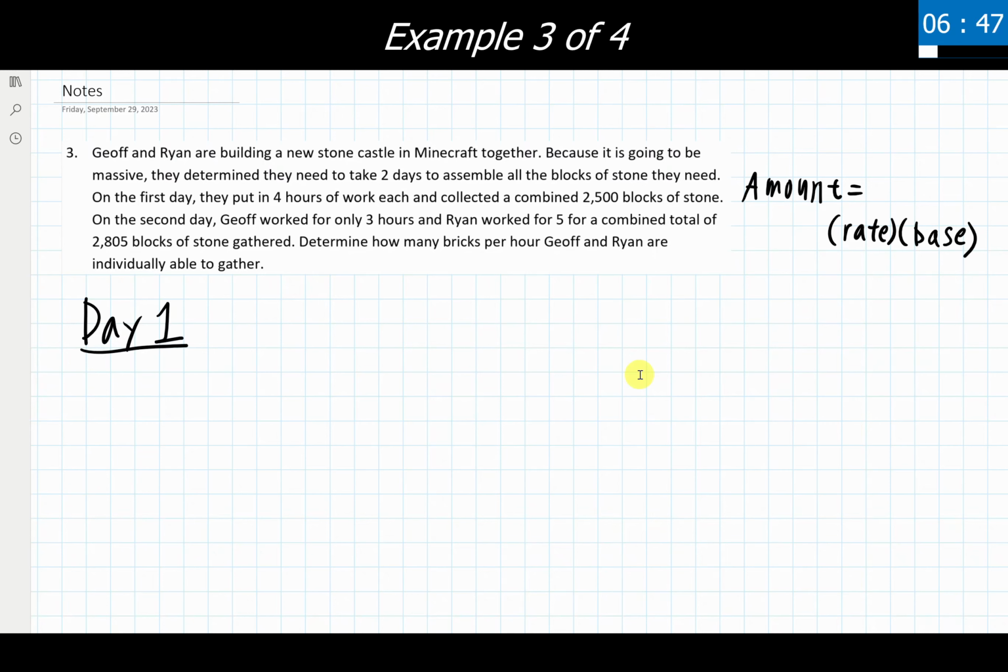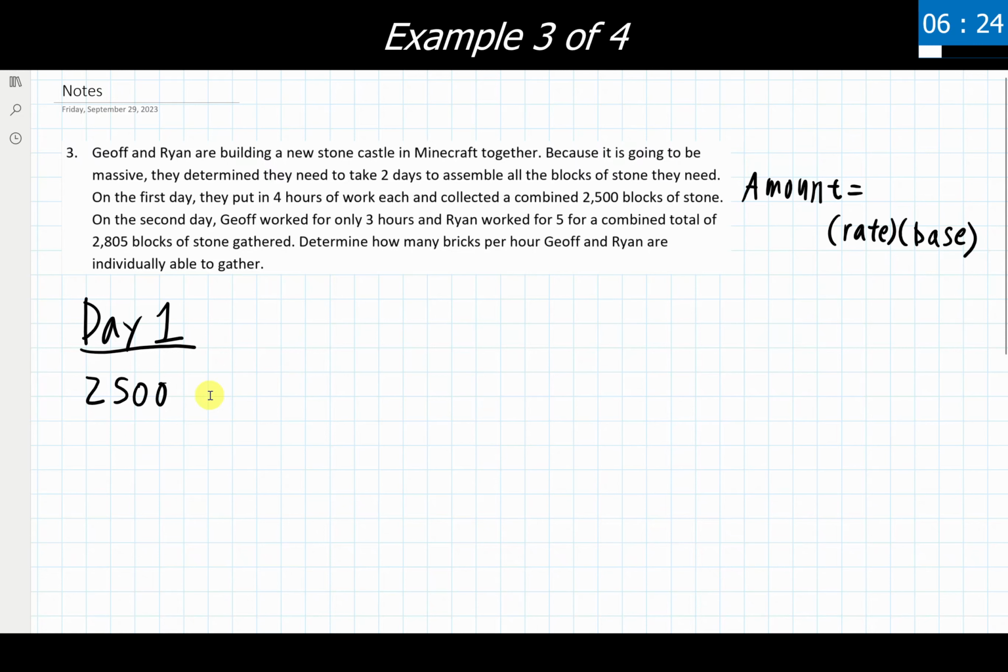So we have day 1. What was the amount that they both assembled? Okay, we were told that the first day they collected a combined total of 2,500 stones. Let's go ahead and write that in. Now that's the combined amount that they both had together.